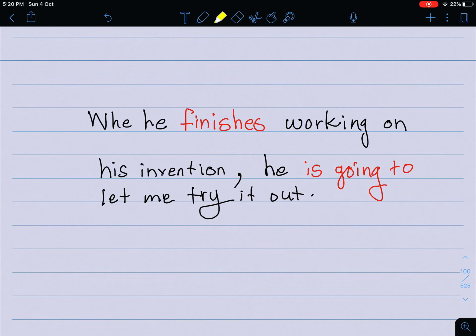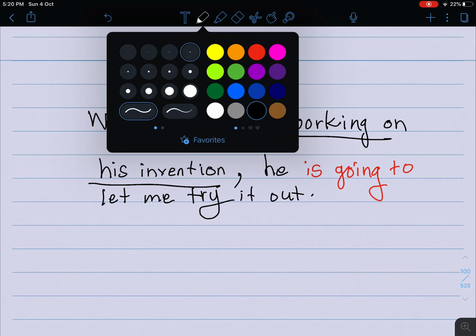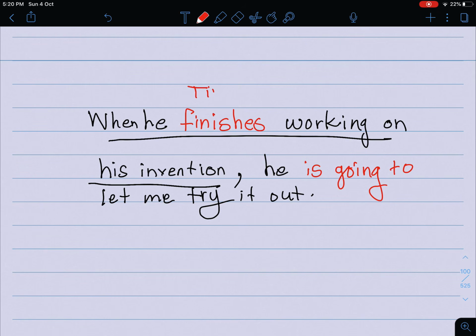Okay, so I'm gonna look at another sentence. When he finishes working on his invention, he is going to let me try it out. Okay, so right now, here, when. So when he finishes working on his invention, if you could realize, this is what we call the time clause.